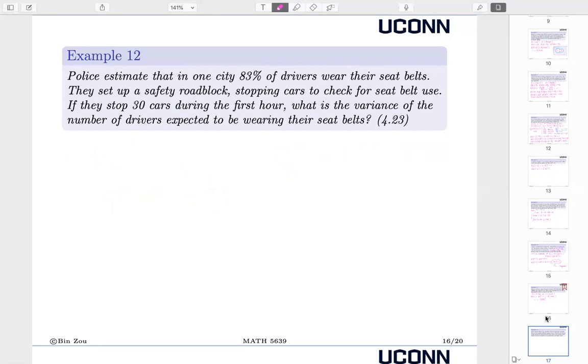Example 12 is actually regarding binomial distribution, which we will talk about, of course, in the actual chapter 1. The notation is we have 30, we have tried 30 times. Here the police stopped 30 vehicles.